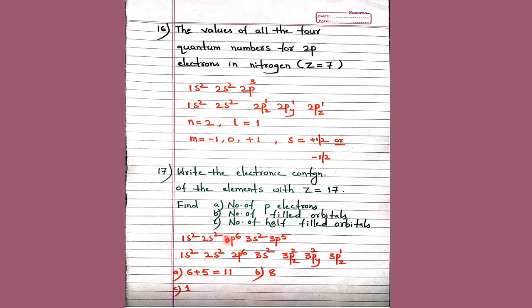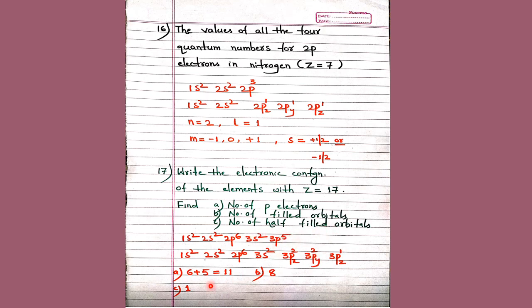So 1 filled, second filled, 3; 2 plus 3 is 5, 5 plus 3 is 8, with 3px filled, 3py filled but not 3pz. So totally 8. Number of half filled orbitals: this is the only half filled, only one.